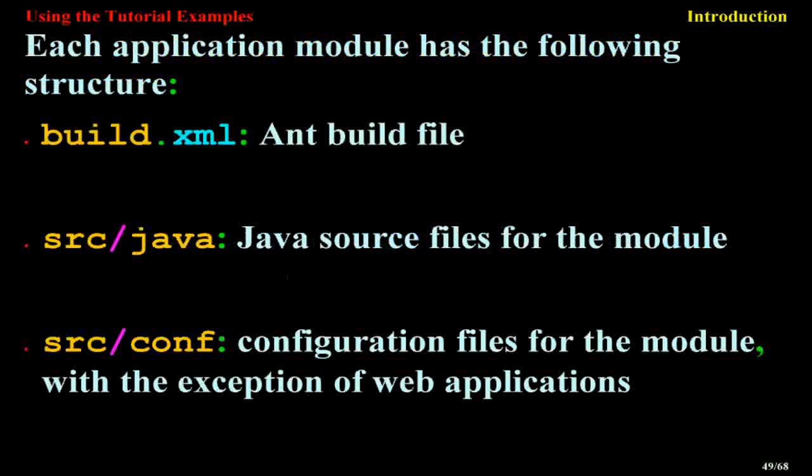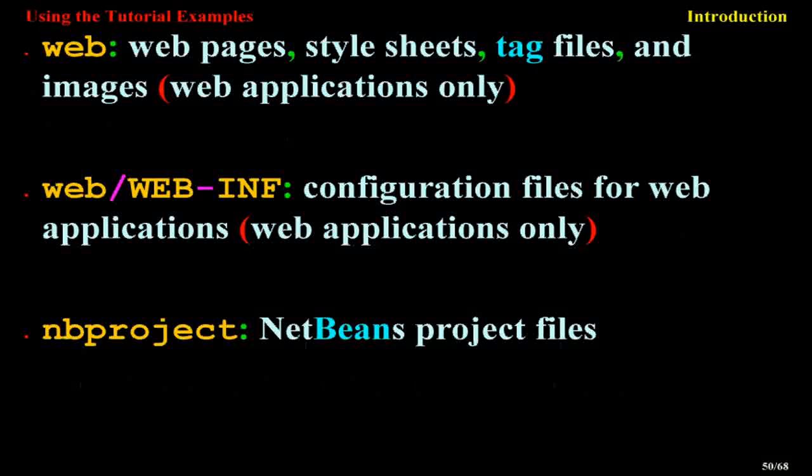Each application module has the following structure: build.xml, the build file; src/java, Java source files for the module; src/conf, configuration files for the module, with the exception of web applications; web, web pages, style sheets, tag files, and images (web applications only); web/WEB-INF, configuration files for web applications only.